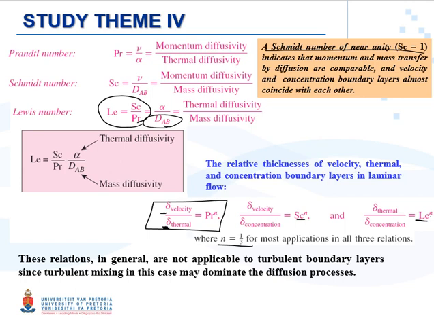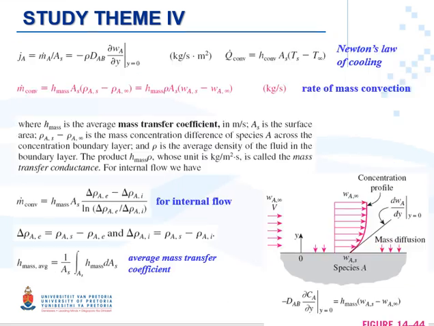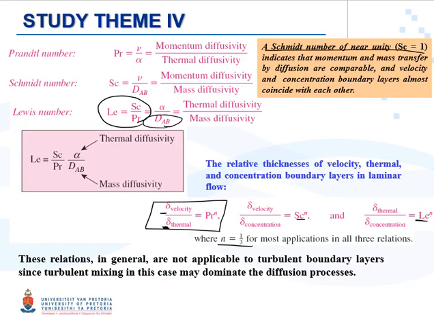These three relations, in general, are not applicable to turbulent boundary layers, since turbulent mixing in this case may dominate the diffusion process. But don't worry about it, it's a little bit complicated and we are not going to go into detail about turbulent mass convection.